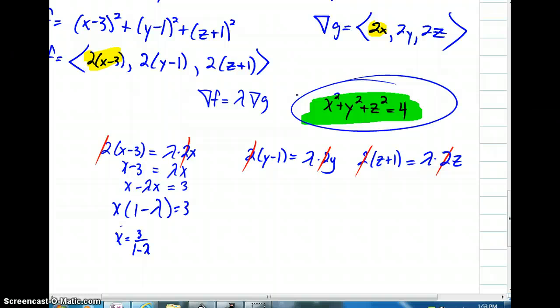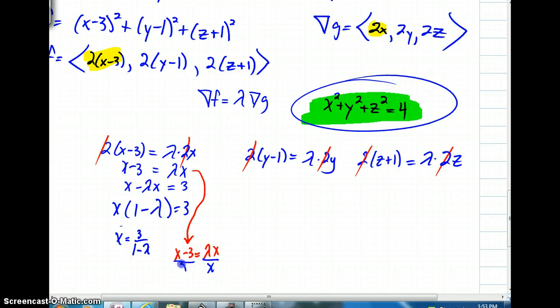I guess what I'd like to point out instead is that when we have this other option of x minus 3 is equal to lambda x, we could have very easily solved for lambda. Of course, we could still solve for lambda as we had an above equation, but the danger is dividing by x.